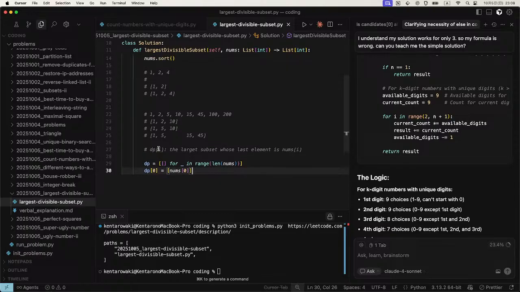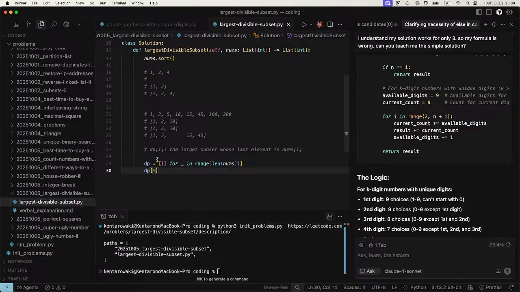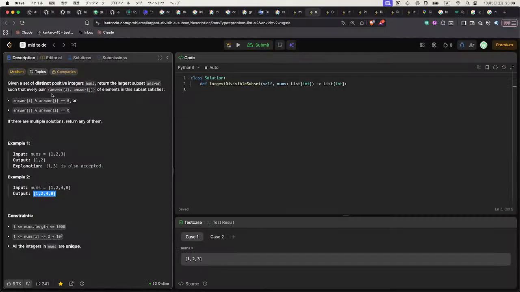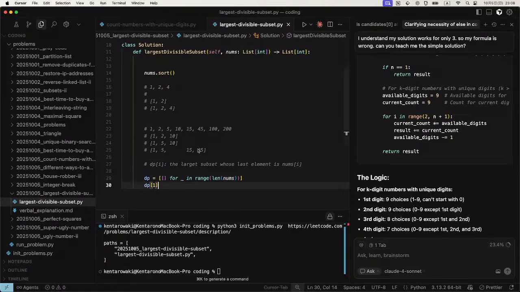No, dp0 is the empty subset, because the subset should have two elements at least, and they are divisible.